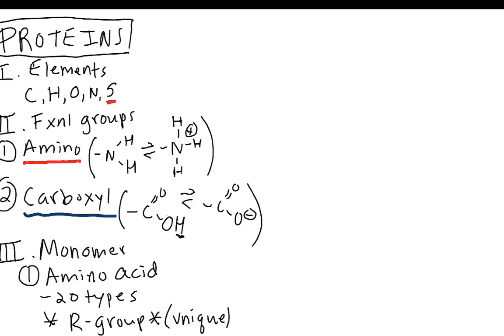What's the polymer? Meaning the building blocks put together in a long chain. So the long chain of amino acids is called a polypeptide. Poly meaning many, peptide is having to do with proteins typically. And that's all I'll say about that for now.